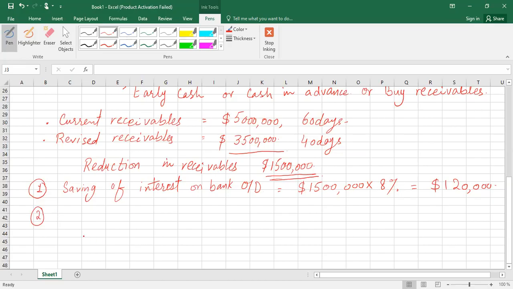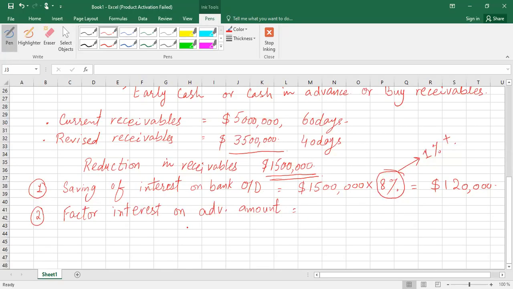Suppose the factor interest on the advance amount is 1% more than the bank overdraft. So 1% plus means they will charge in fact 9%.